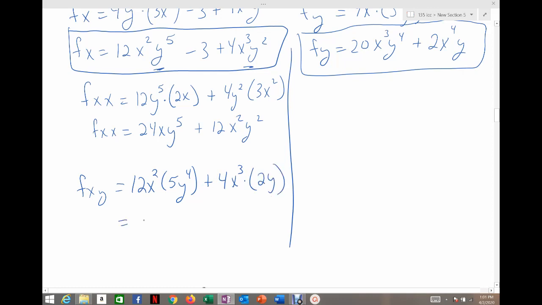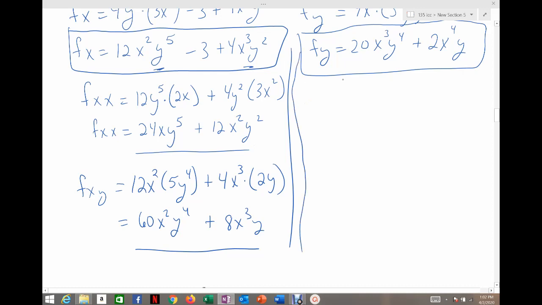Clean that up. And there's my mixed derivative. So 2 of my derivatives down. 2 more to go. So I'm done with this side. Now I'm moving on to the other derivative. Derivative with respect to y, each of its derivatives.